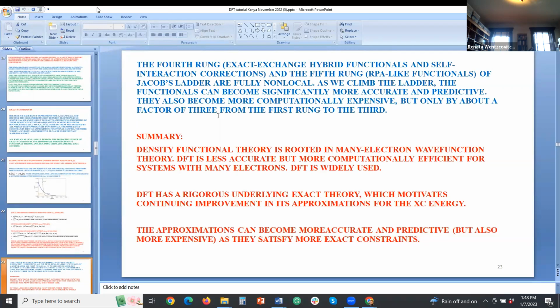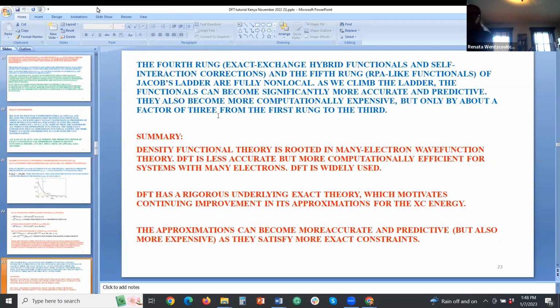Density functional theory has a rigorous underlying exact theory. That's the theory that I showed you in this talk. It's exact for the ground state energy and the ground state density of any system in principle.